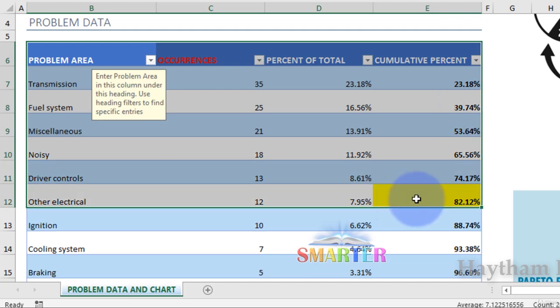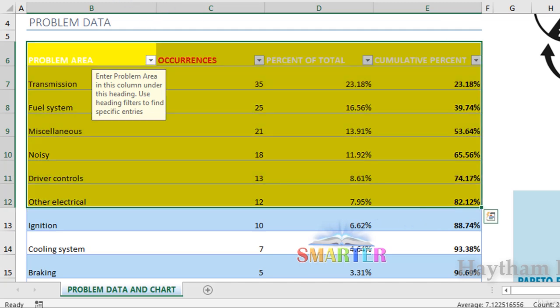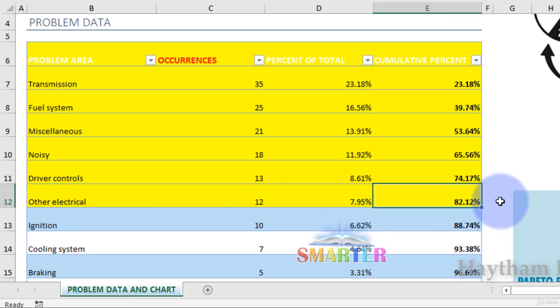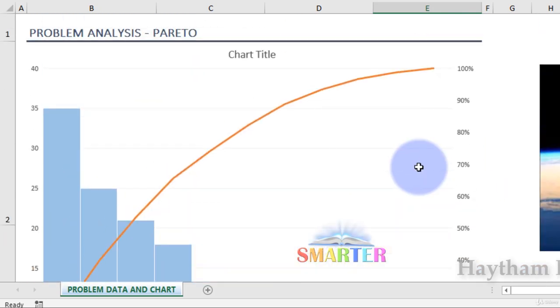So these are the most important parts of the problem: transmission, fuel system, miscellaneous, noise, drive controls, and other electrical are the most important causes, because they represent about 80% of this problem. And here is the graph representation.